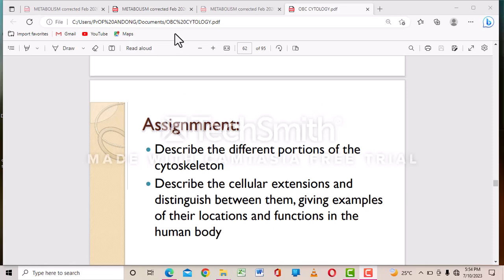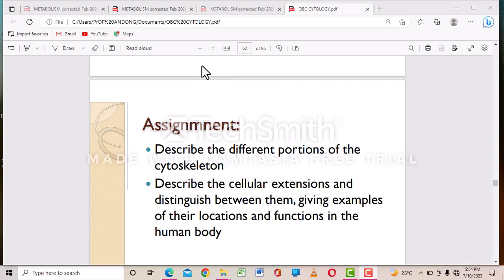Okay, students, but what I want us to remember importantly concerning microtubules is the arrangement in cilia, flagella, and centrioles. Now, it must be clearly noted that in centrioles we have 9 triplets of microtubules.